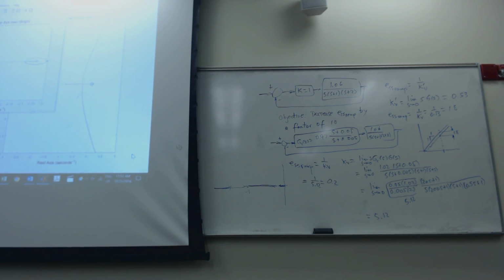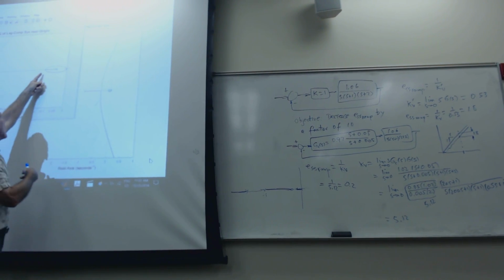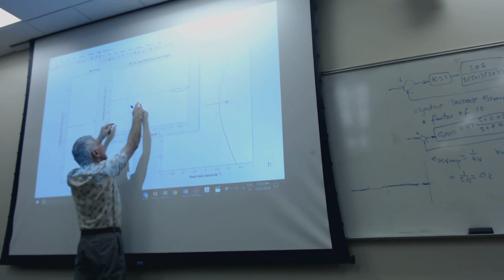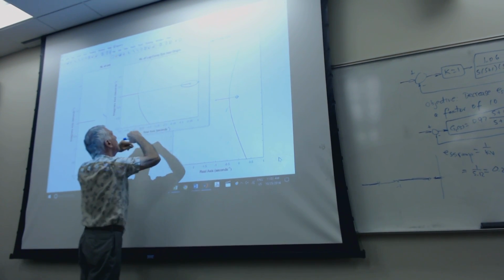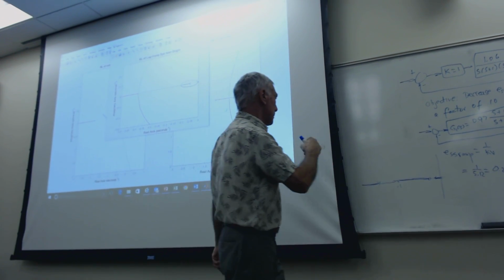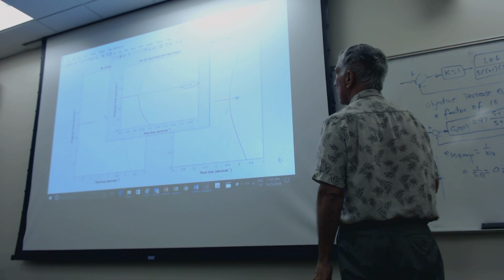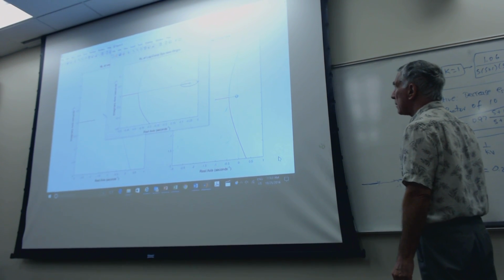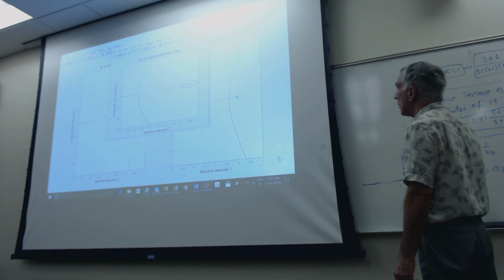It breaks away, then it re-enters, and one goes towards that finite zero, and the other one comes this way. Here's a zero, and -1.